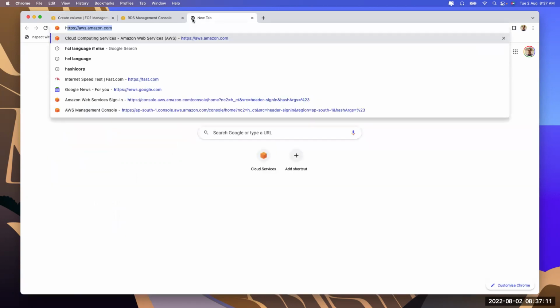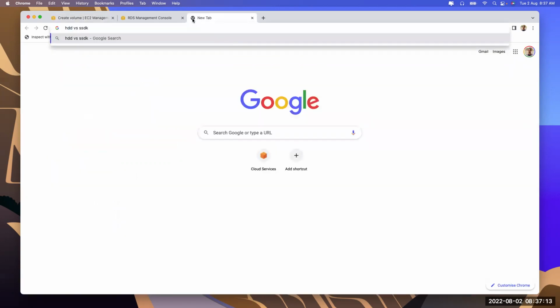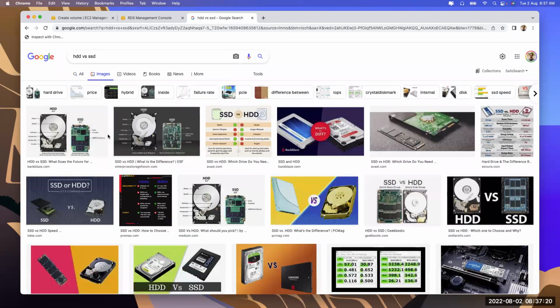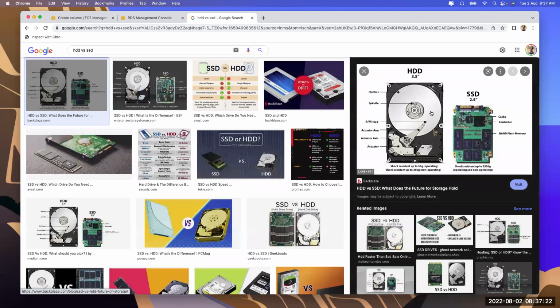Now, very quickly, HDD versus SSD. Today you will just go and Google it and read about it. HDDs were used inside the older laptops. So if you don't have a very premier laptop right now, for sure that is using an HDD. A bit slow, but still it is doable and manageable.